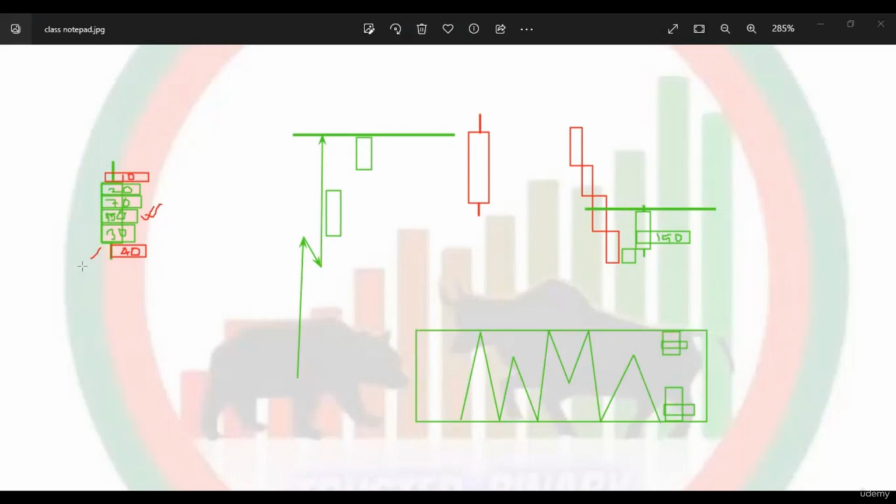Okay, same candle, power of control is here, power of control is here, and okay, this is the level, that level breakout happened, and then power of control is here.